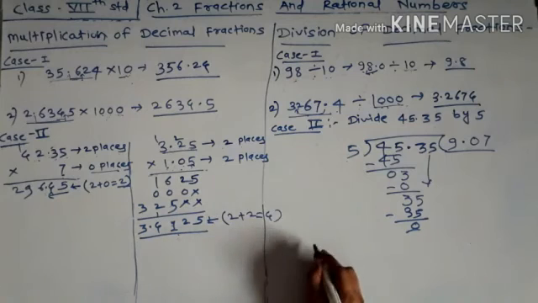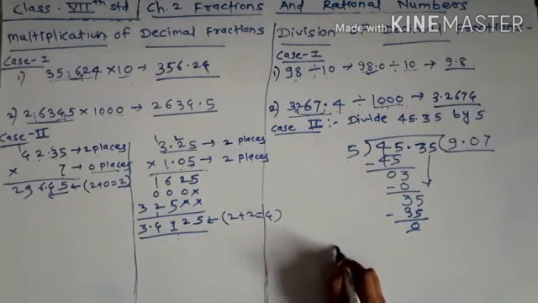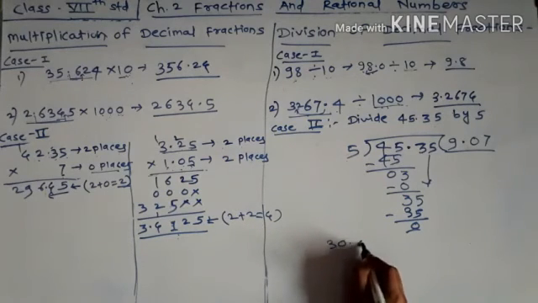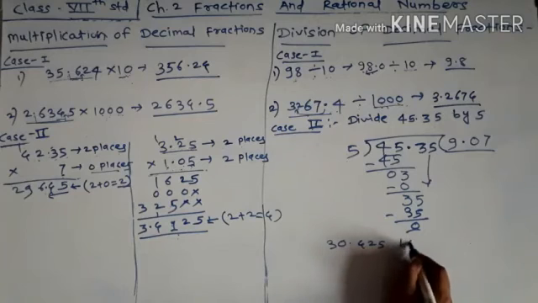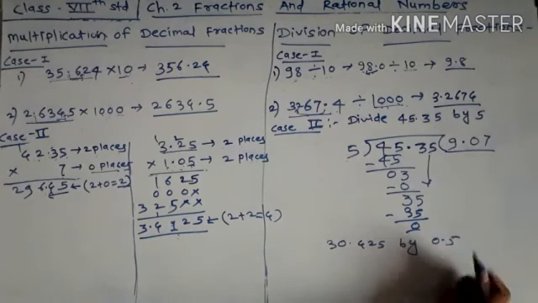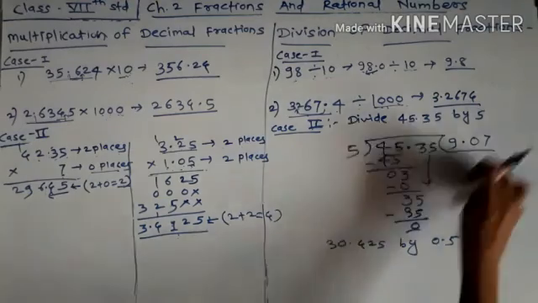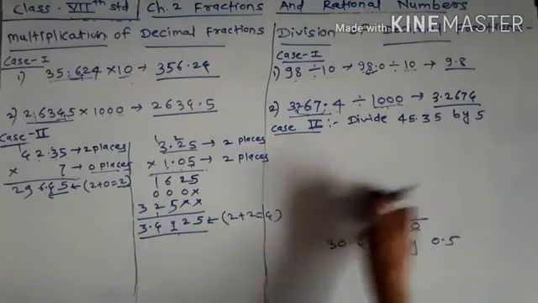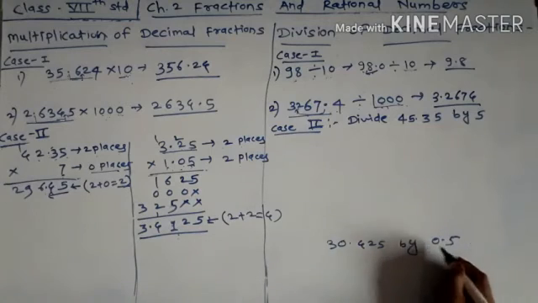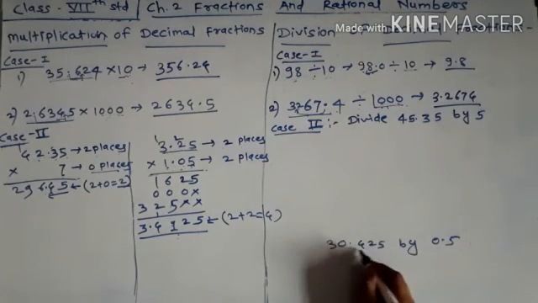Now in the second example, suppose we have to divide the decimal fraction 30.425 by 0.5. So here in this example, for simplification we can move the point on both sides.